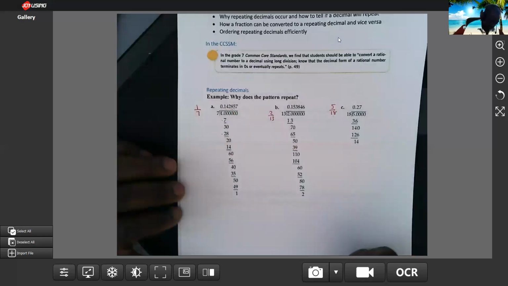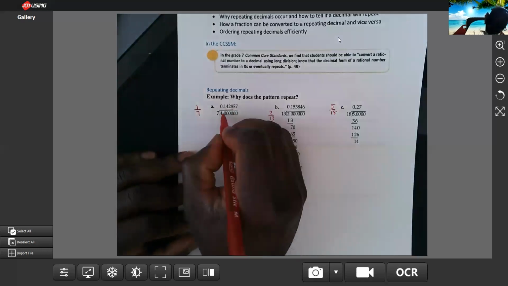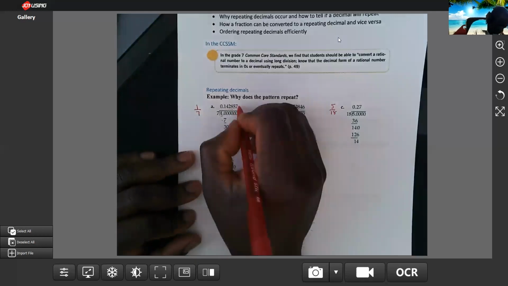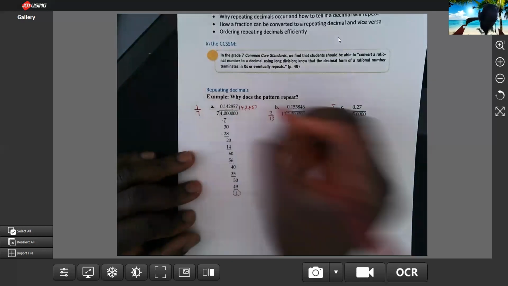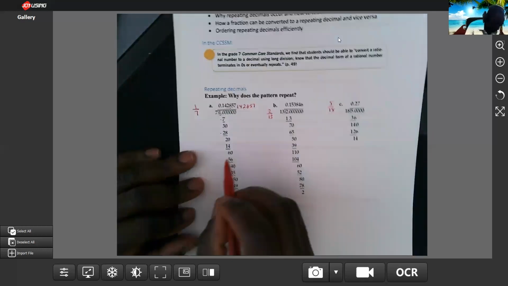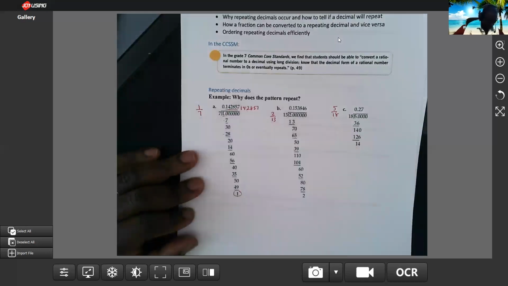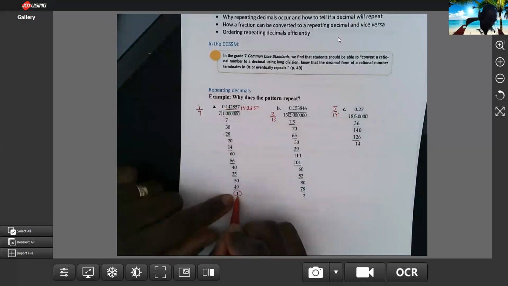Why does it repeat? It's because we started with 1, and then we are ending with 1. So right after this, we're going to have 1, 4, 2, 8, 5, 7. It's going to go like that. So that is why this pattern we see here repeats, because the one that we started with is the remainder right now.